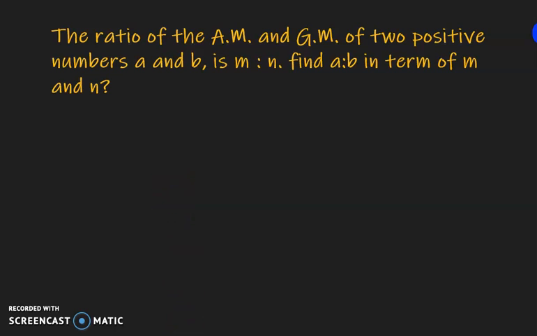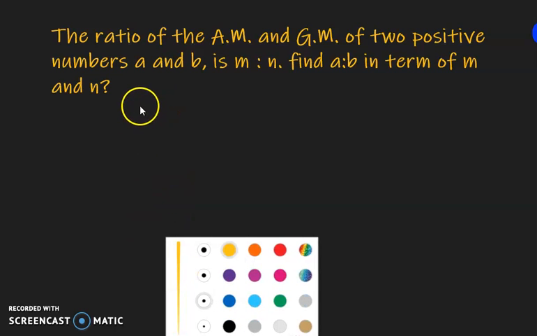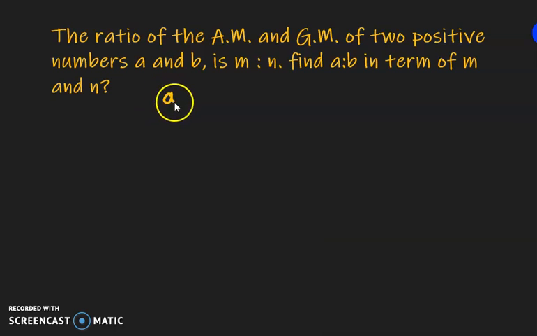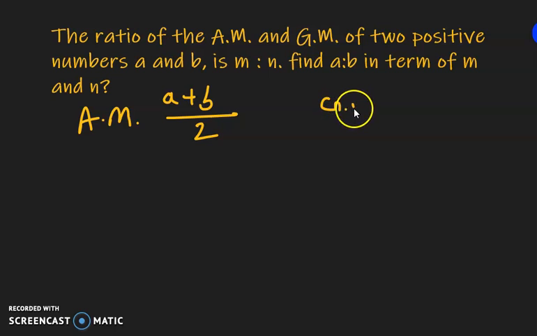So we know arithmetic progression, and the arithmetic mean between two numbers a and b can be written as (a plus b) by 2. And the geometric mean can be written as square root of ab.